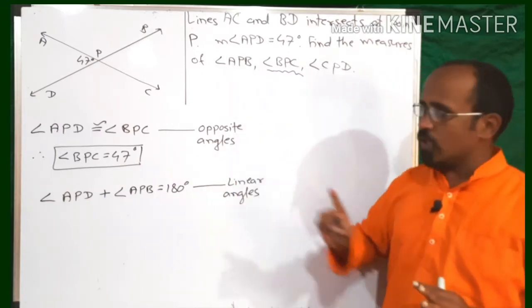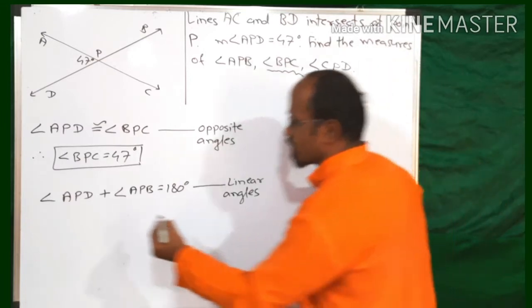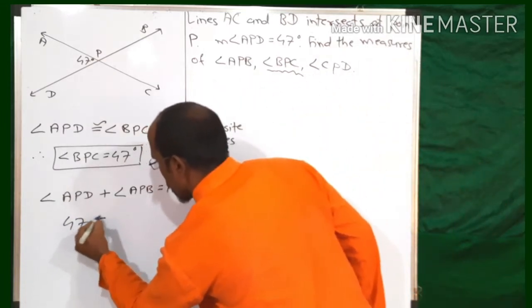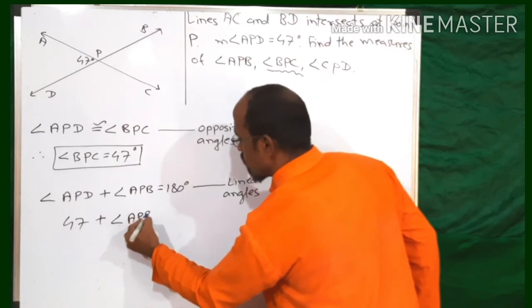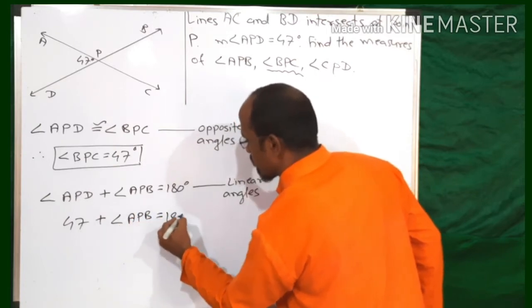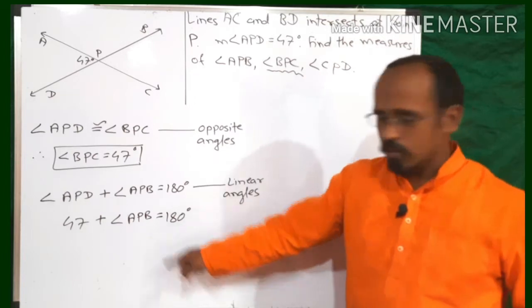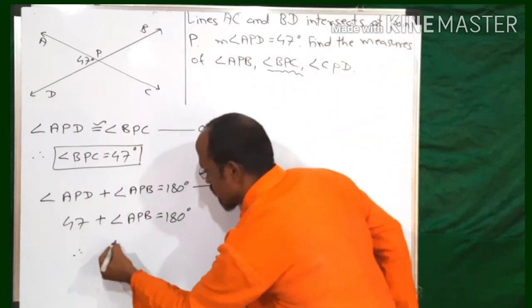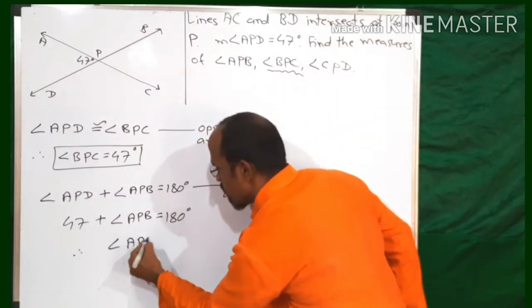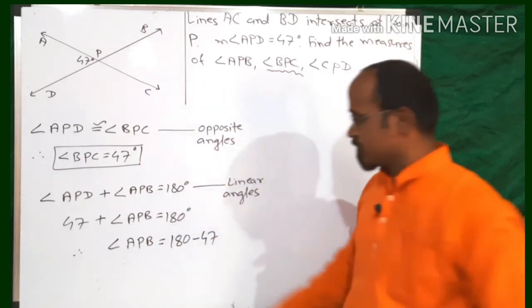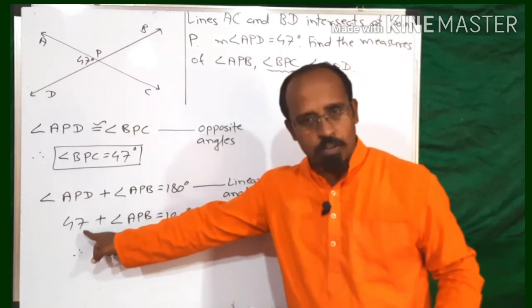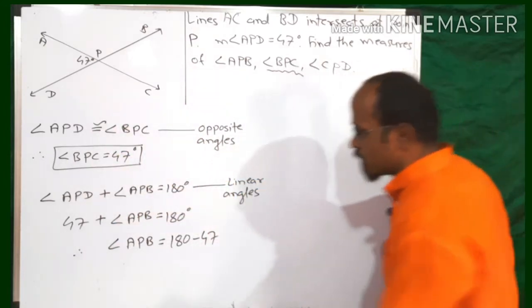Now let us replace the value. APD is equal to 47 plus angle APB is equal to 180 degrees. APB is not given. Therefore, angle APB is equal to 180 minus 47, right? This plus 47, after changing side, becomes minus 47.